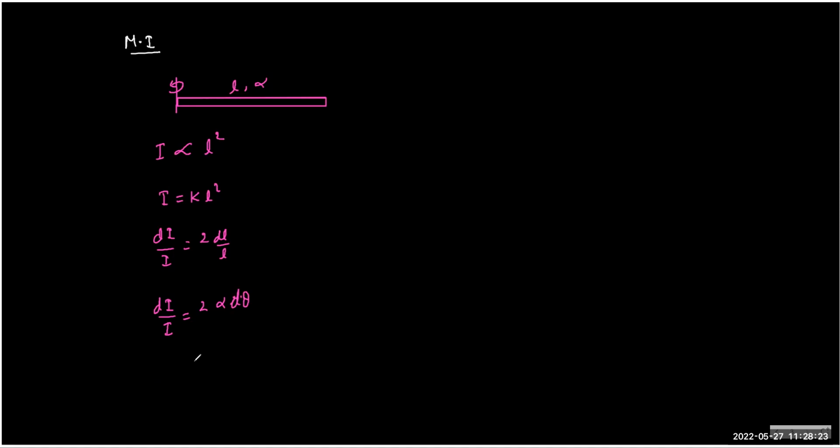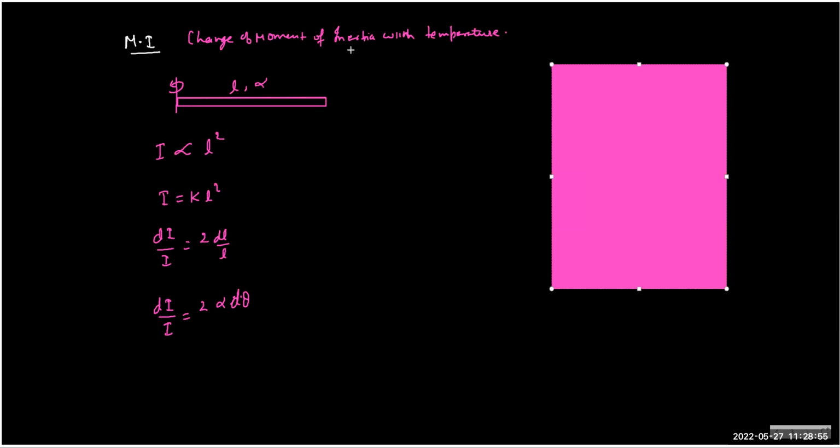So what are we trying to do over here? Change of moment of inertia with temperature. And these things are a big issue actually. So let's say you have an iron gate of quite a big length, which is well supported by the hinges.